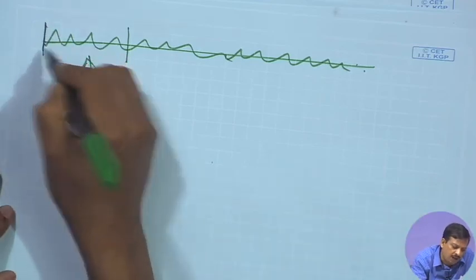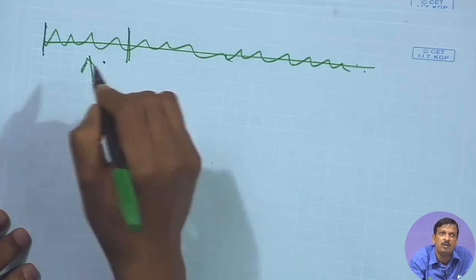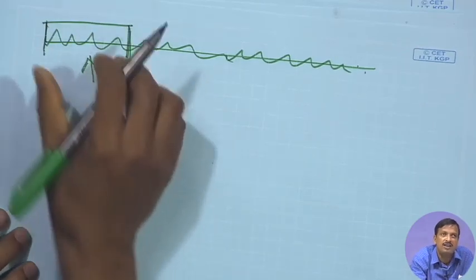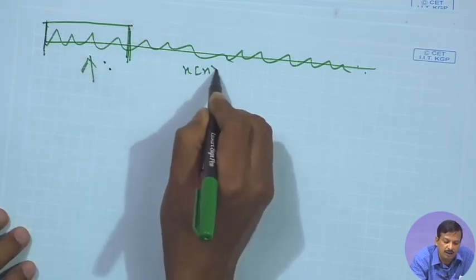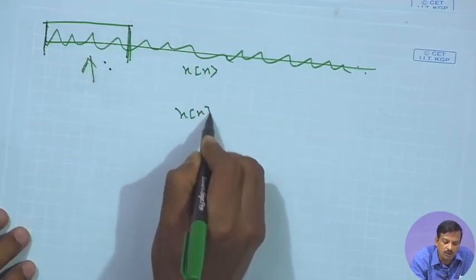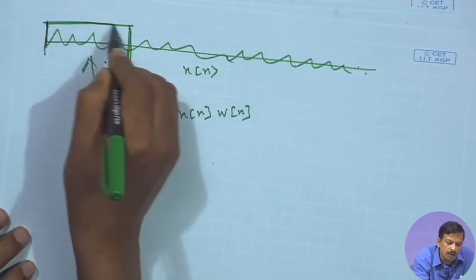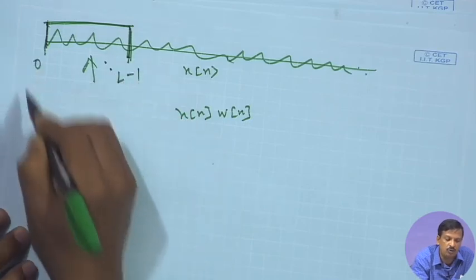Once I cut the signal, whether I take the DFT or filter, once I cut the signal into a chunk, that means if this is x[n], I am multiplying x[n] with a window function which is 1 within the interval 0 to L minus 1.